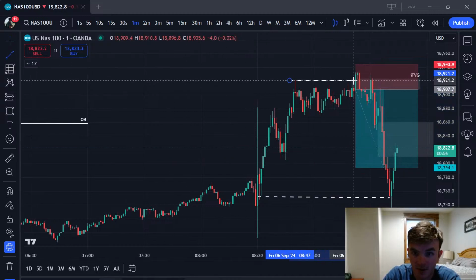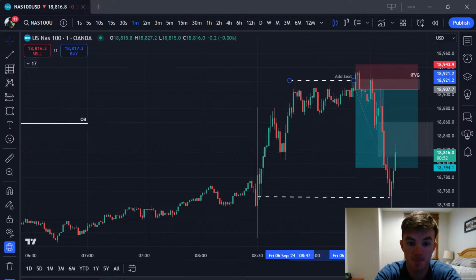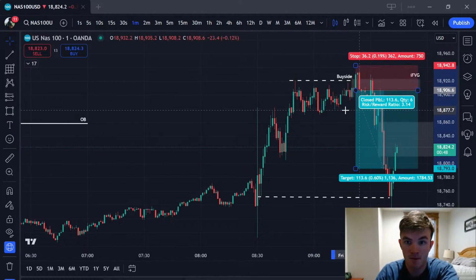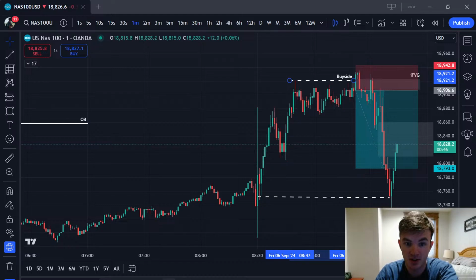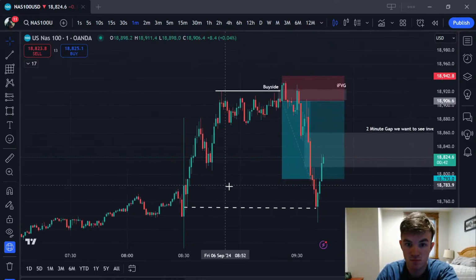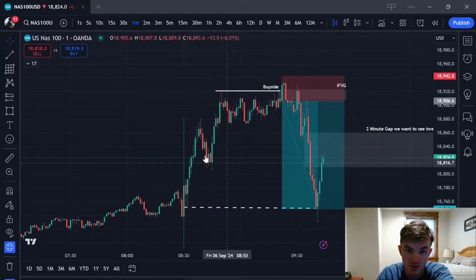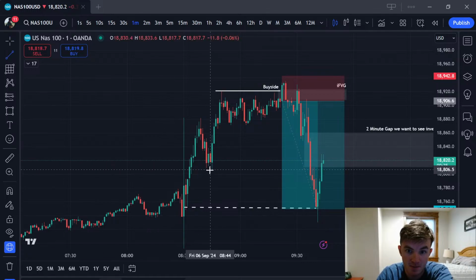So we got this buy side sweep. This would have been an awesome trade, and then targeting this low. So this would be TP1.